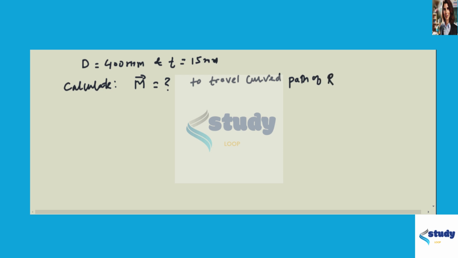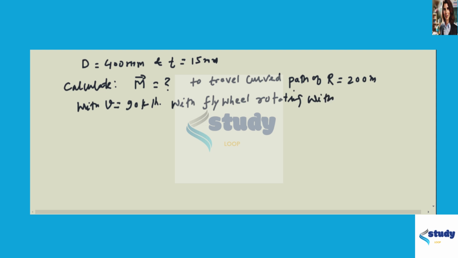of radius 200 meter with speed 90 km per hour, with flywheel rotating with angular velocity of 2700 rpm.